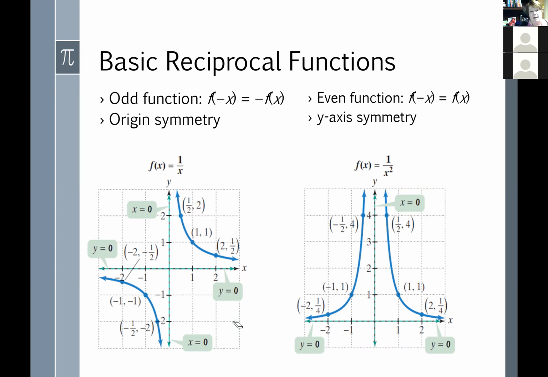If we subtract a constant from x, it moves it to the right. And if we add a constant to the function, the f of x, that moves it up. If we subtract a constant, it moves it down. And if you multiply by negatives, it reflects it about the x-axis. So just like before, you can take one of these reciprocal functions and transform it.